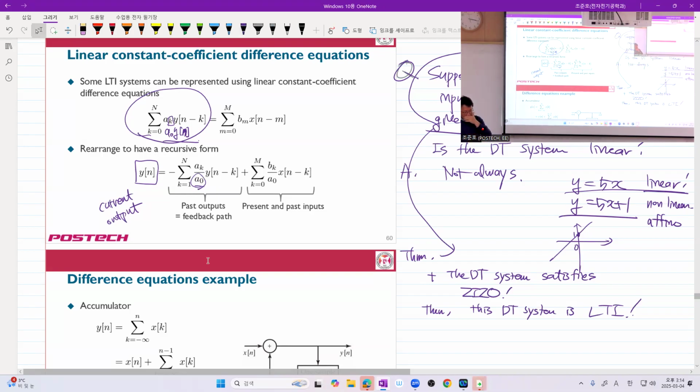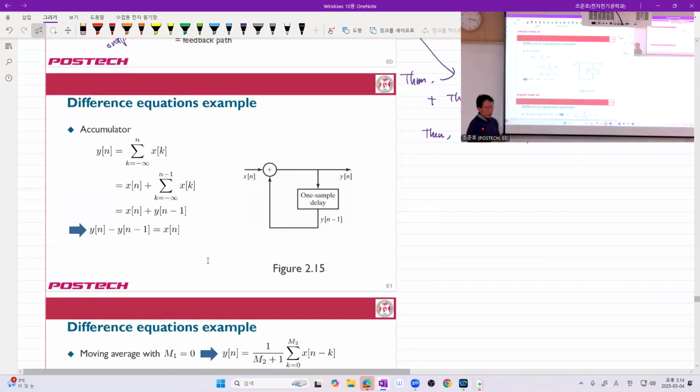Now, let's go back to our friendly accumulator. Here, y[n] equals the summation over k from negative infinity to n of x[k]. By the way, is this in the exact form of LCCDE? No, because we must have something like this, not this one.